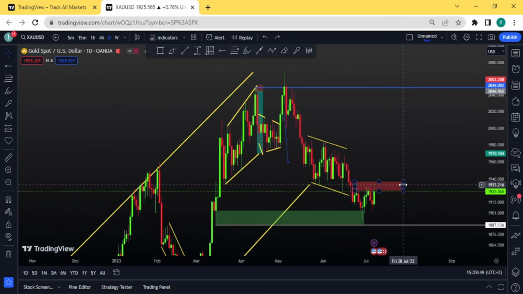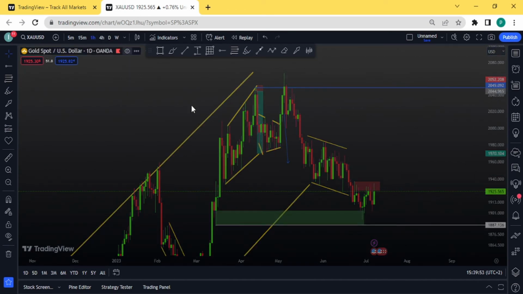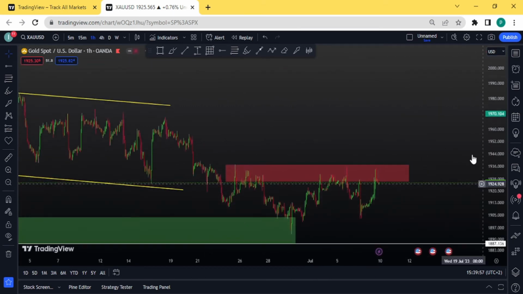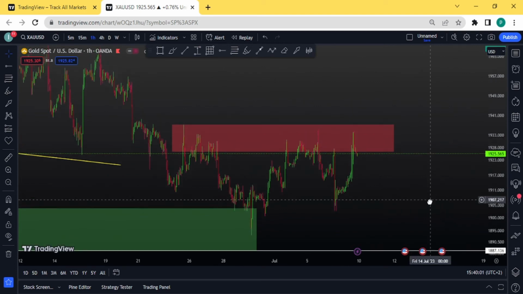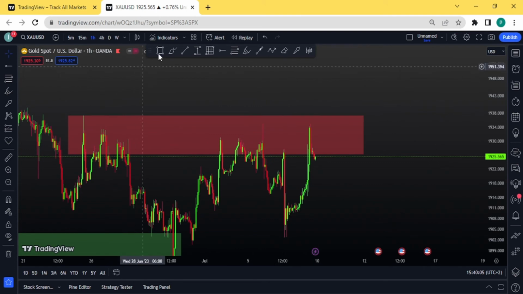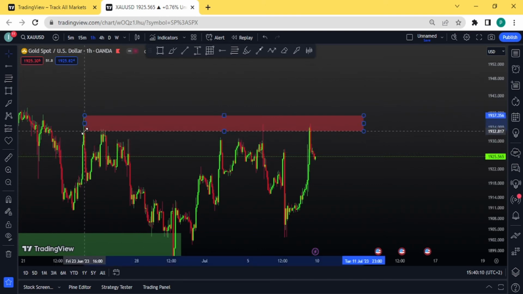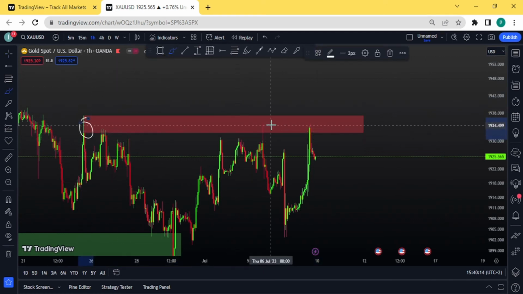However, since it's on a daily time frame, let's go down to a smaller time frame, the 1 hour, to see if there is a pattern that confirms our overall buy. What you can see is that currently price is still respecting this level here for the first time, second time, and a third time.